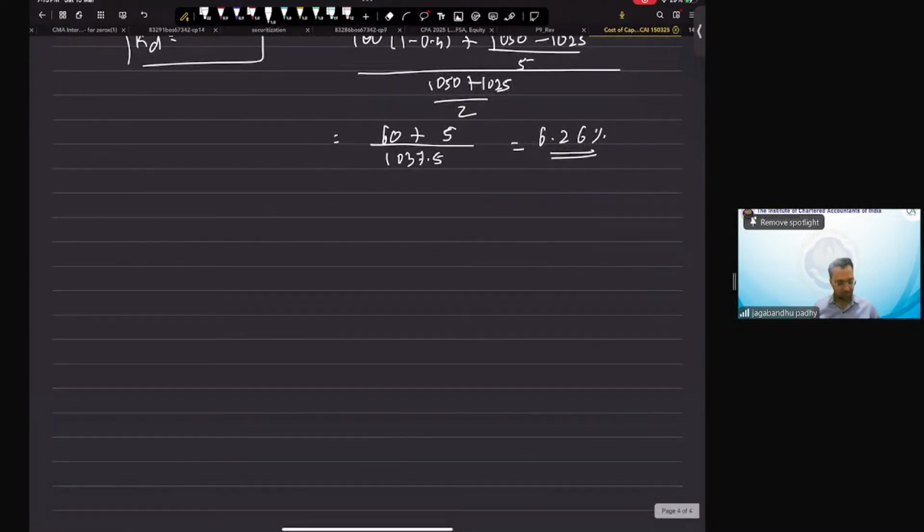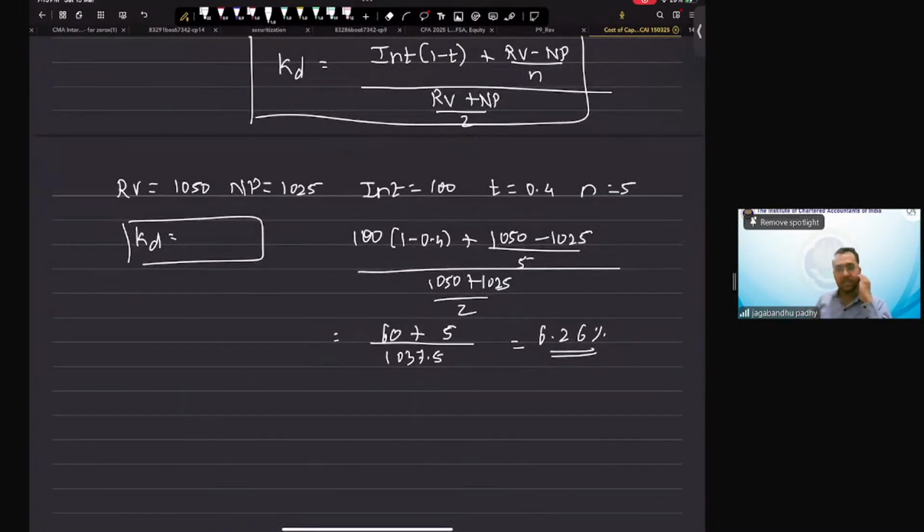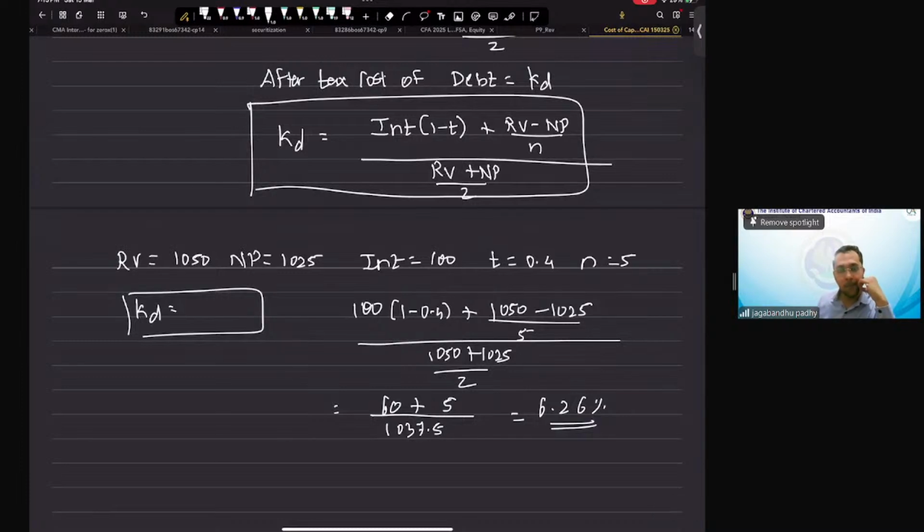That's the cost of debt. Are you able to get this, guys? Are you following this? Are you with me?